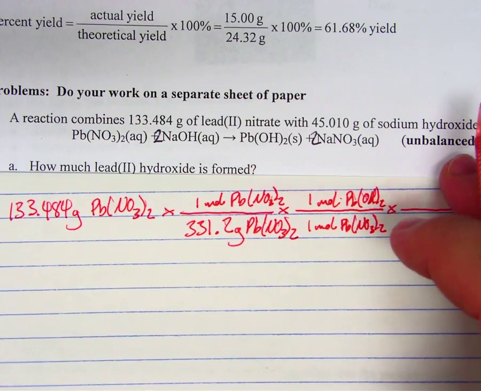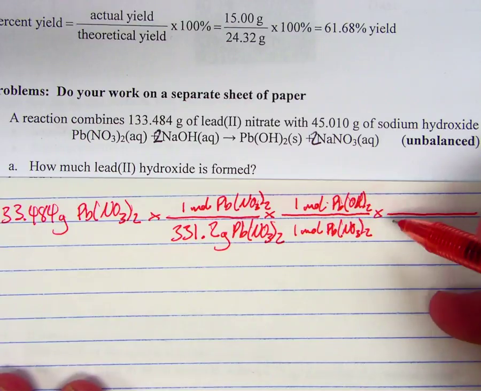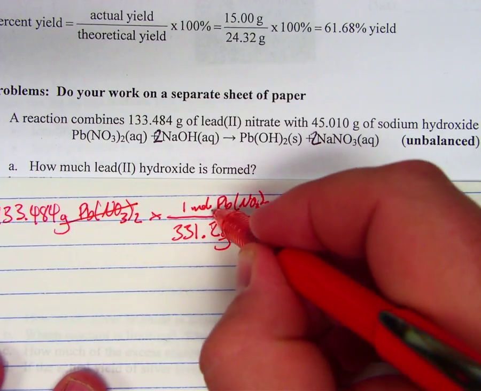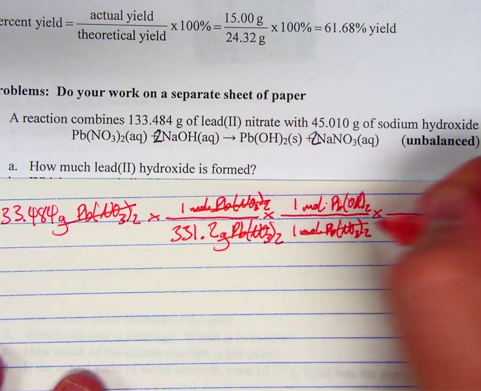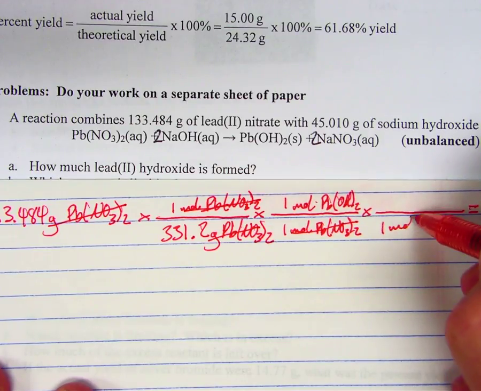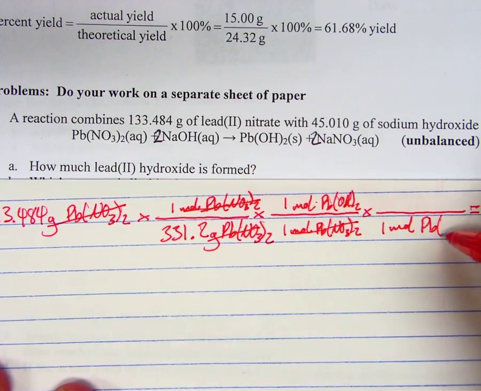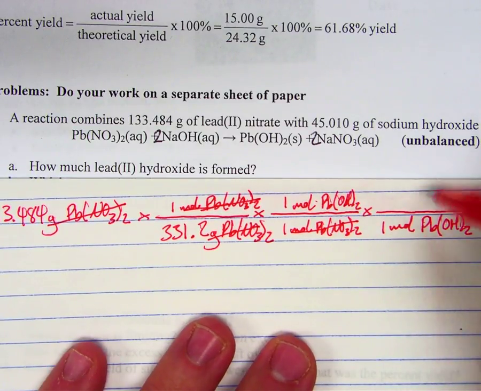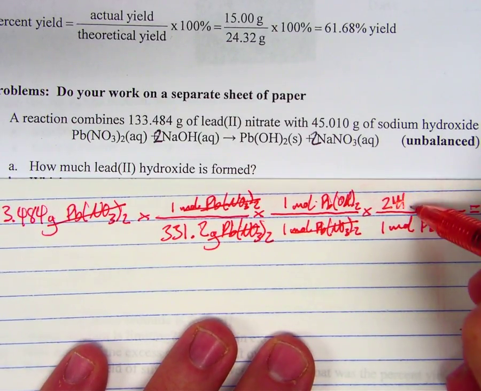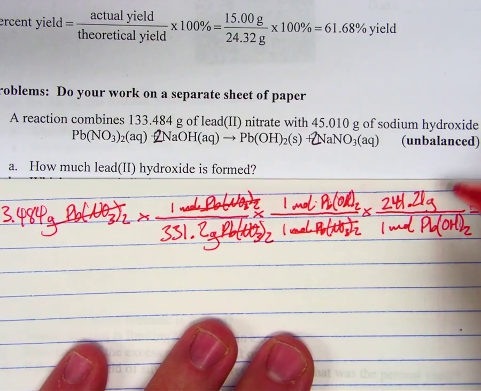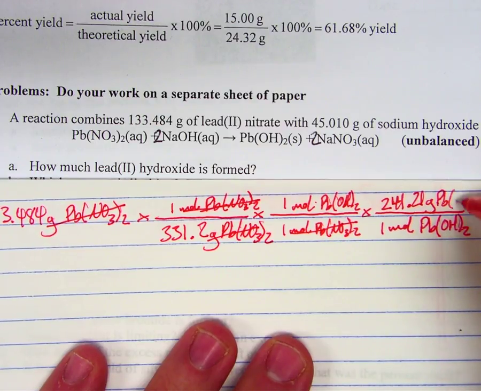So now my next step is to figure out the mass of the hydroxide I have left, because at this point I've canceled out my moles here, and now I need to go from moles to grams. So in 1 mole of Pb(OH)2, we have 241 grams, and again I just got this off of the periodic table by adding up the masses.